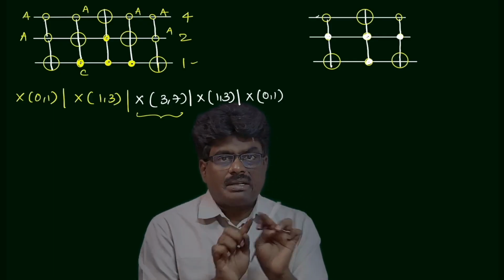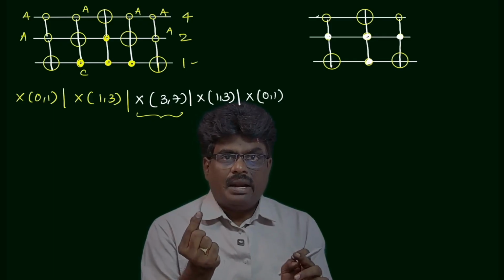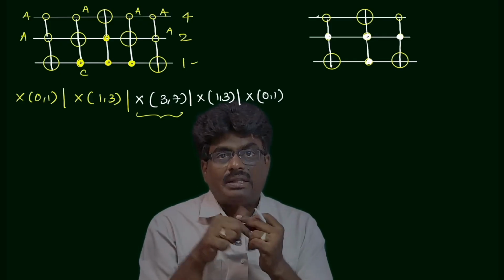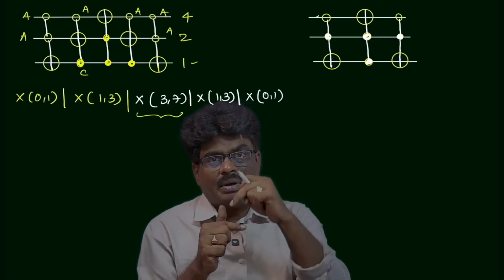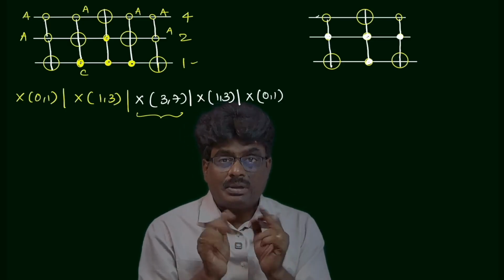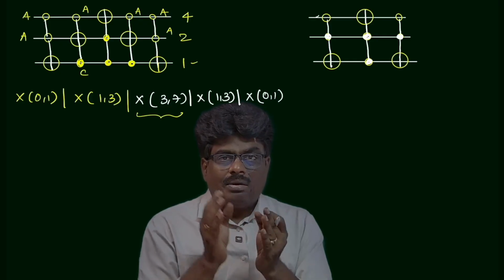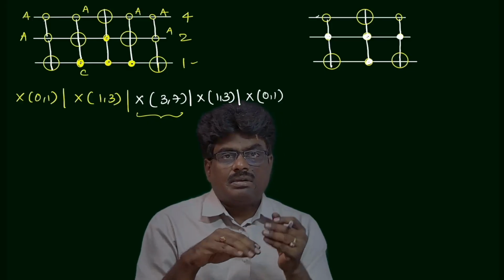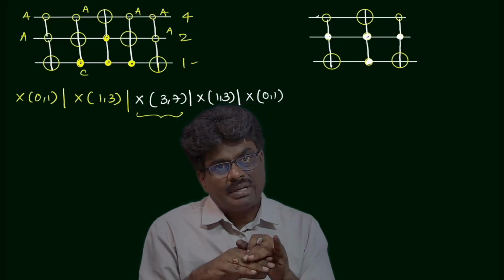If this is the matrix, the right side x of 1 3 will interchange rows 1 and 3, and the left side one will interchange columns 1 and 3. So the first row and third row will interchange, the first column and third column will interchange.